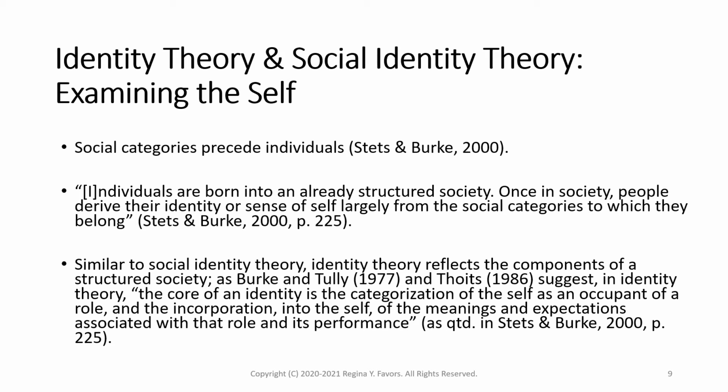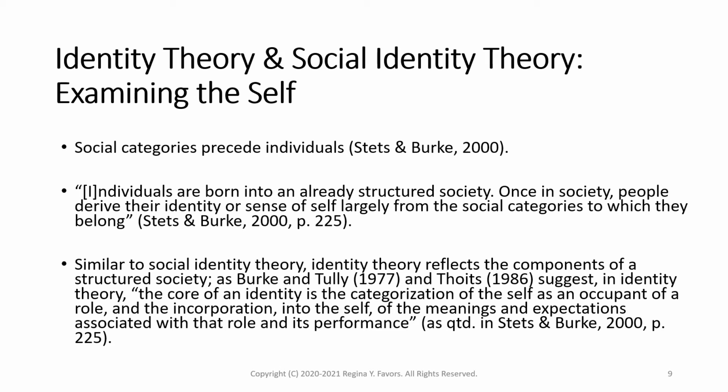But once we leave the womb and we enter into society, we enter into a society that is already structured, economically, financially, socially, ethnically, racially, right? So individuals are born into an already structured society. Once in society, people derive their identity or sense of self largely from the social categories to which they belong.